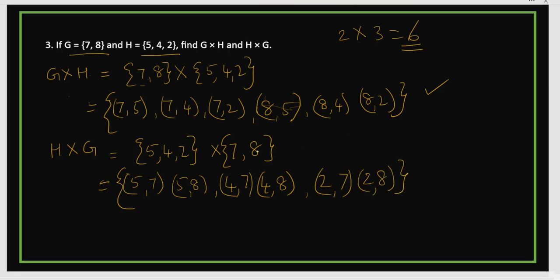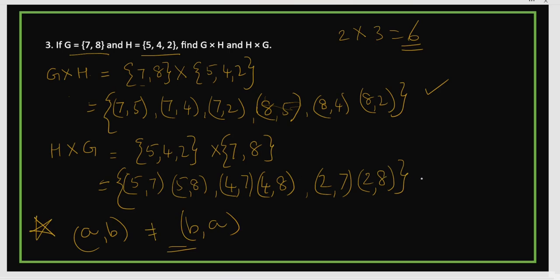This is the list of all the elements. Did you observe that in G cross H there was the pair (7, 5), while the first pair in H cross G is (5, 7)? They are not the same. If (A, B) is one ordered pair, then (A, B) and (B, A) are not equal to each other. Remember that. This is very important.